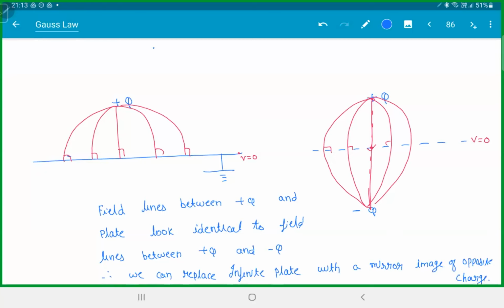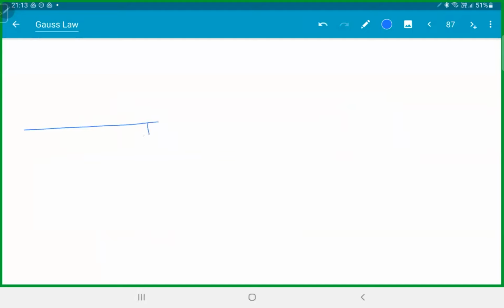Is that making sense? So this question becomes, if you have a plus q and the distance is d, you can just put an image there. So it looks like plus q and minus q, and the distance becomes 2d.